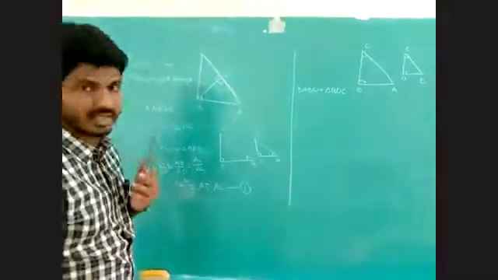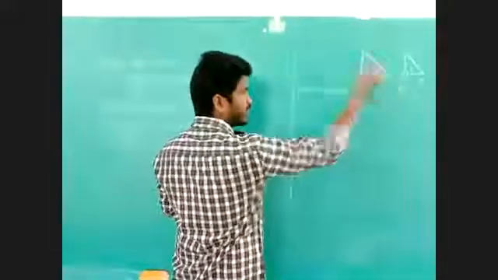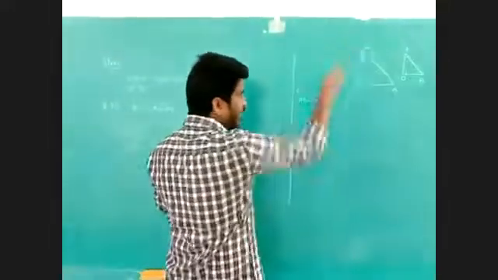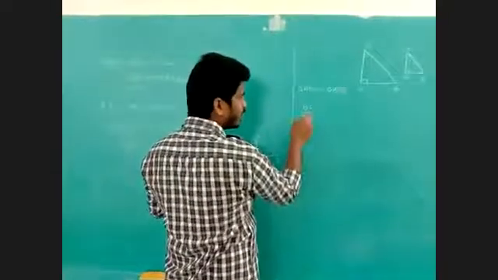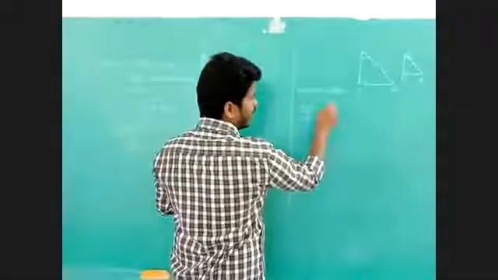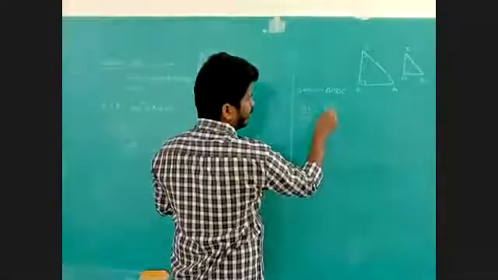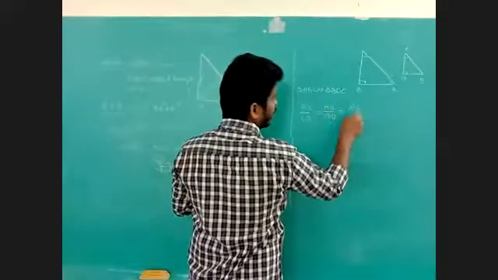Corresponding sides are in proportion. What are the corresponding sides? Height by height, base by base, hypotenuse by hypotenuse. Big triangle height BC by small triangle height CD equal to big triangle base AB by BD, hypotenuse AC by BC.